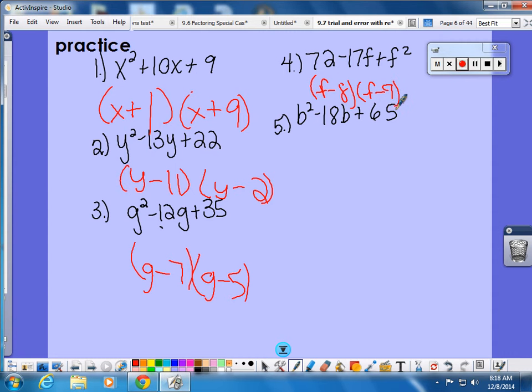What would you do before you ever did all that? Do you remember what form you put it in? In standard form. Good, put it in standard form. That's very good. All right, and number 5. Get your parentheses and your B's.